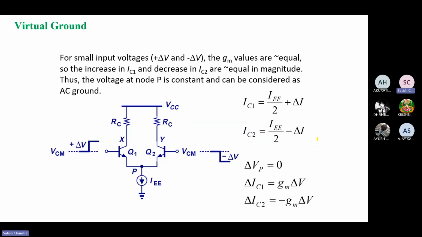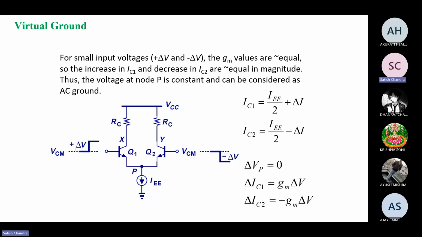So now let's talk about how this virtual ground concept is going to come. We have already seen how this common mode type of input is dealt with. Let's see at the common mode only, we are just changing by very small voltage at both the input sides.